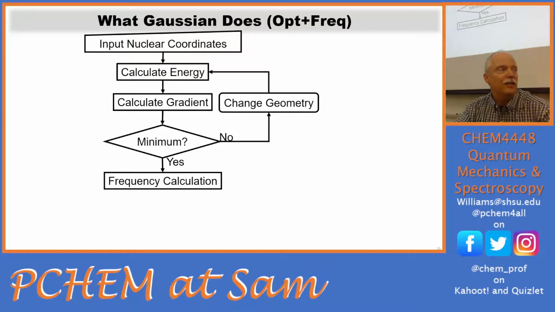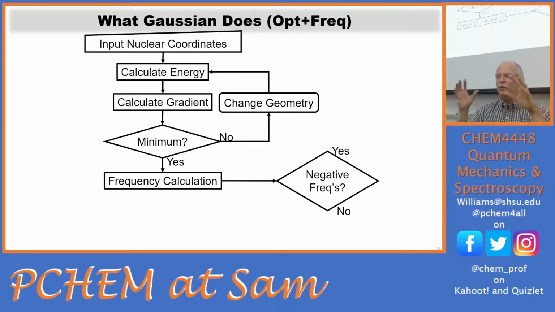And so then it starts another calculation, a frequency calculation, that calculates the vibrational frequencies. Now, if you happen to be in a harmonic oscillator, the vibrational frequency is positive because it's above the minimum.